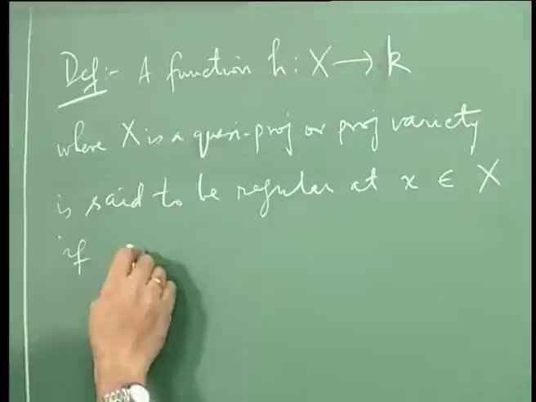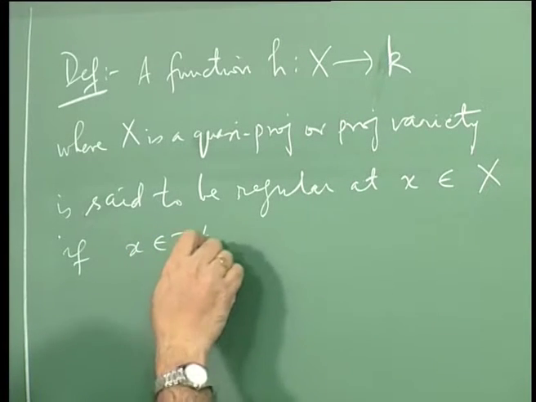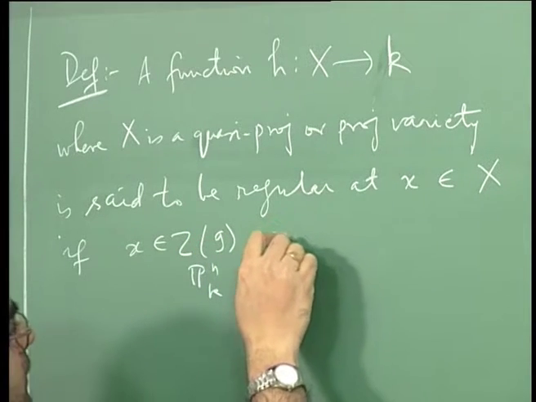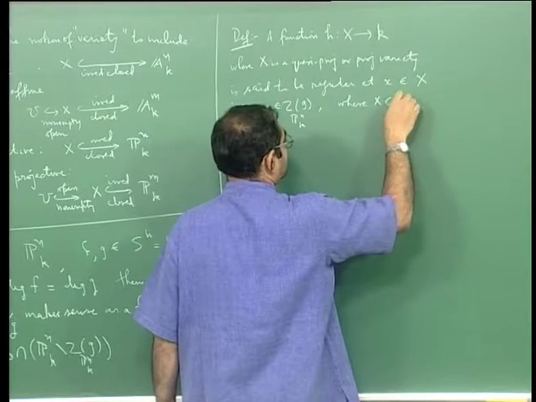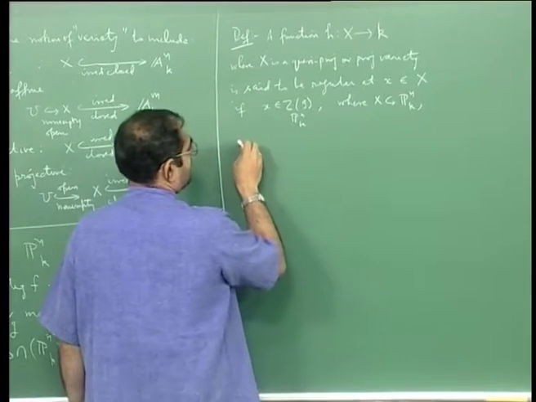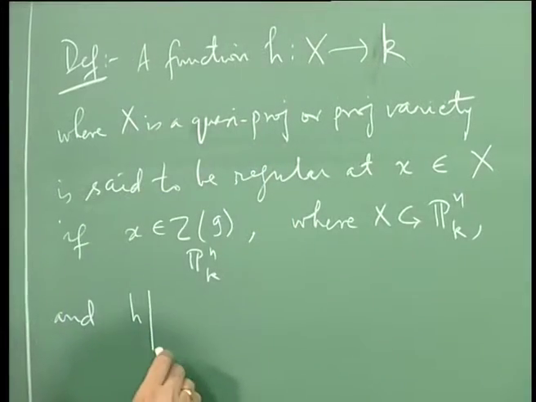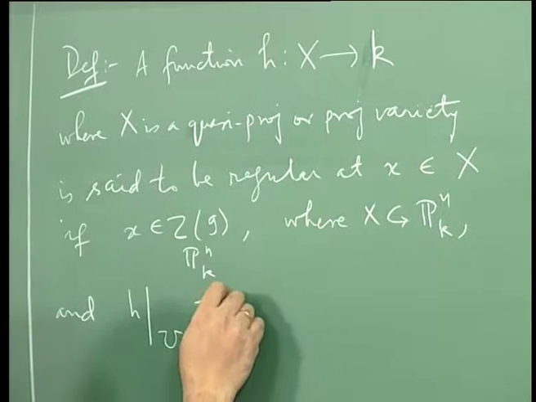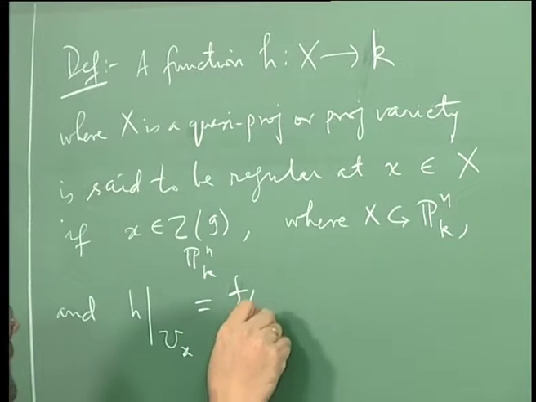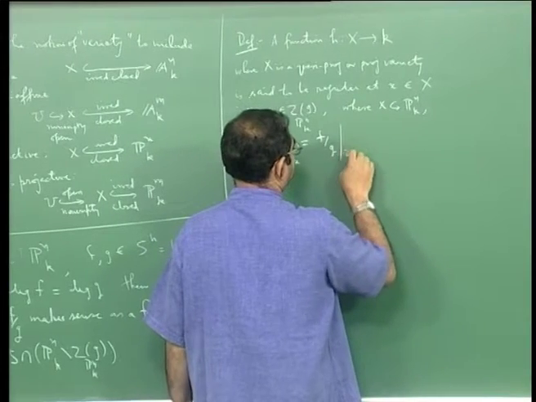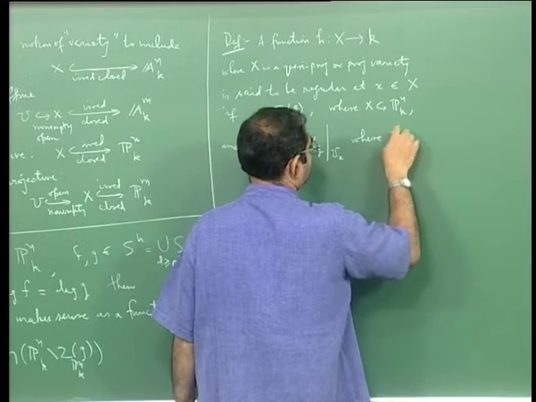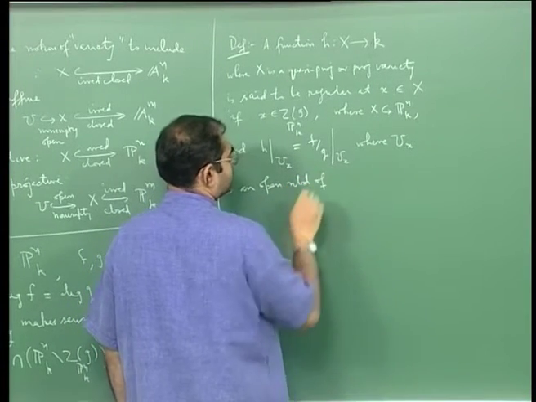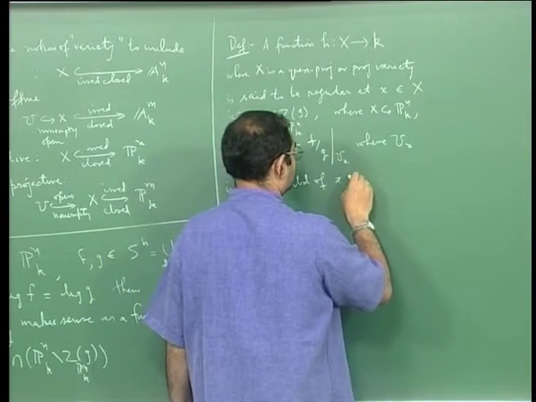So, where X is a subset of Pn, h restricted to U_x is equal to f by g restricted to U_x, where U_x is an open neighborhood of x.